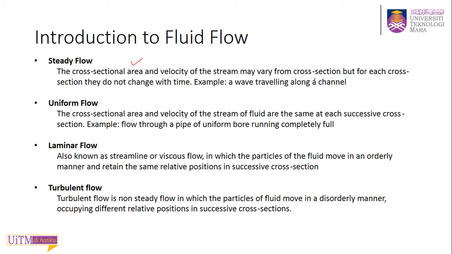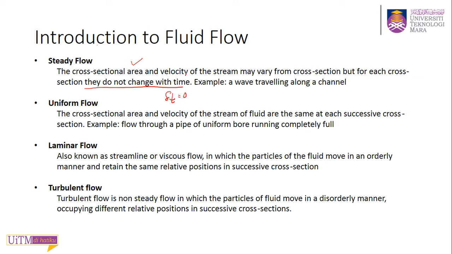Okay, we look at steady flow first. Its definition is that the cross-sectional area and velocity of the stream may vary from cross-section to cross-section, but for each cross-section they do not change with time. The key word you need to understand for steady flow is that they don't change with time, so delta t is not zero.